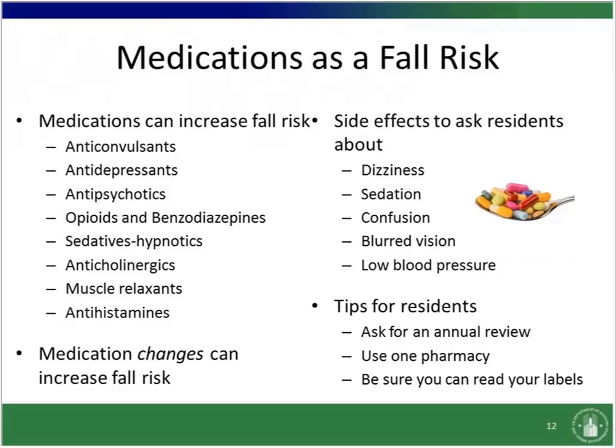We've written classes of medications on the left, and the idea is not that you learn all the classes, but it lets you know that probably one, two, three, maybe even four of your medications can independently increase your fall risk, and the combination of them can multiply the fall risk.